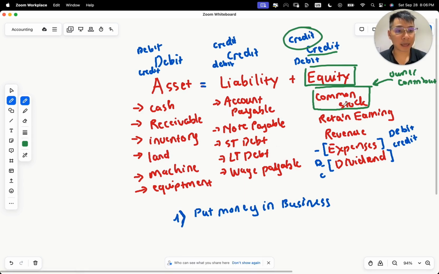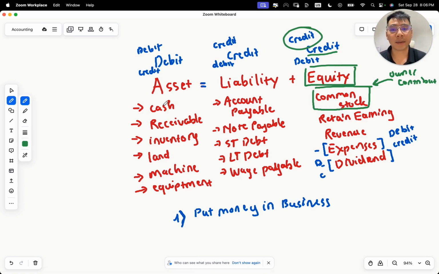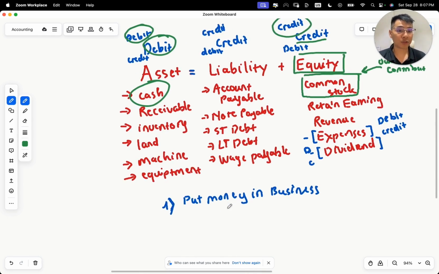Now, where does that money also get recorded? Since accounting is double-entry bookkeeping, I put it in cash, right? And cash is the debit side. So I have to debit the part of the asset. So now I have an idea of where the accounts are, and I need to write it down following the journal entry rules.